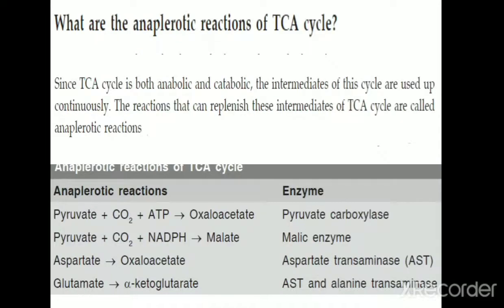The second thing is, what is an anaplerotic reaction? That is also important. What are the anaplerotic reactions of TCA cycle? As I mentioned earlier, TCA cycle intermediates are used for biosynthetic pathways. Once they are used for biosynthetic pathways, that can deplete the amount or concentration of the TCA cycle intermediates.